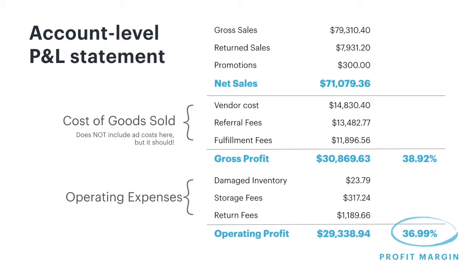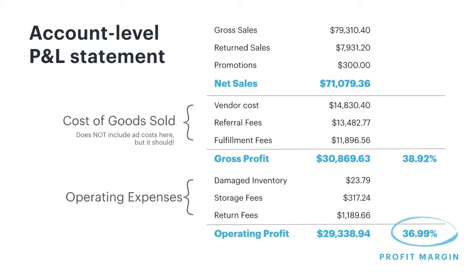And a big goal of our conversation today is going to be figuring out how much John can pay for advertisements. Once you subtract all of that, you get your gross profit. So we see John's resting at a nice 38.19%. And then what most people don't add into their bottom line are those other account level charges, or operating expenses.